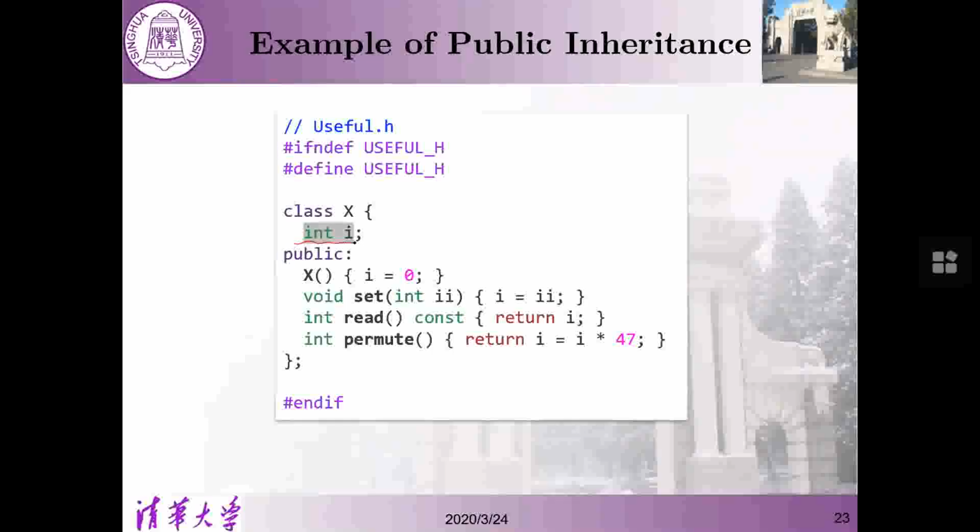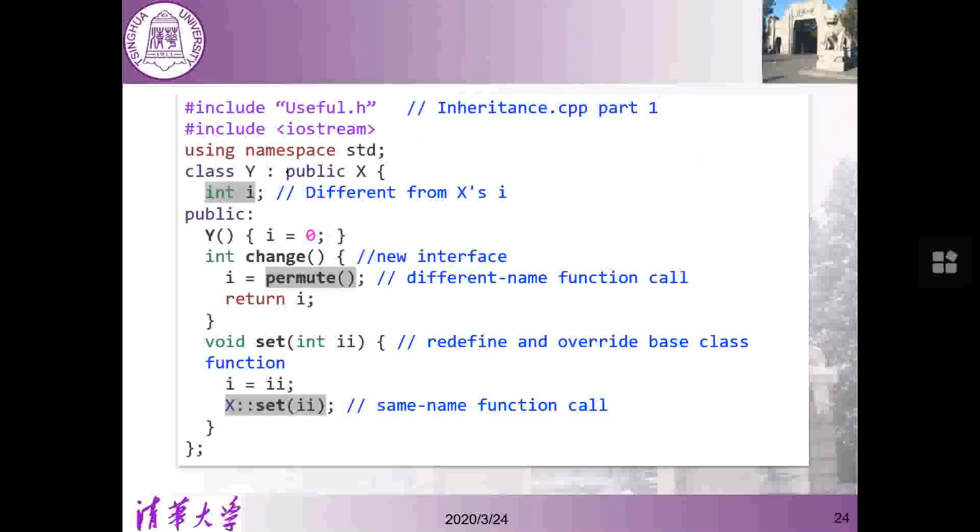From this example, you can see we have the private member I, and then in the derived class with public inheritance, we have another I. Actually, there are two variables I, in the base and the derived class. One is xi, another one is yi, right?